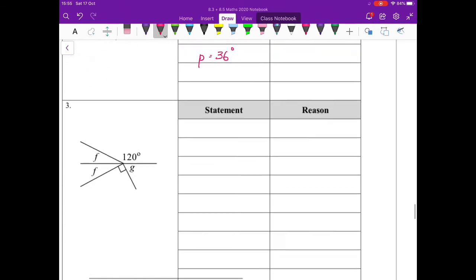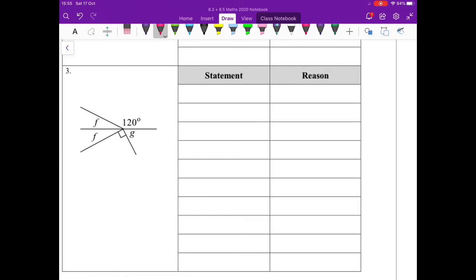Let's look at the next one. Again, I have a straight line. This is my straight line. And I cannot do angles round a point because I have a G and I have two F's. So I cannot work with two variables in the same equation at this point in time. So I'm going to have a look at my straight line and describe that.